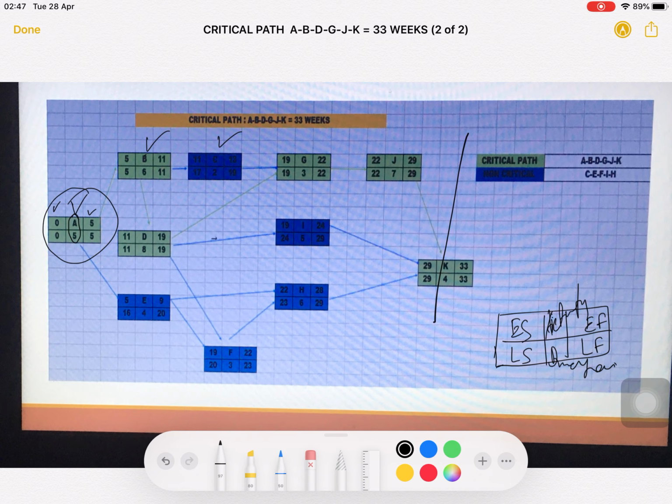For D, once your B activity finishes, you can start the D activity.